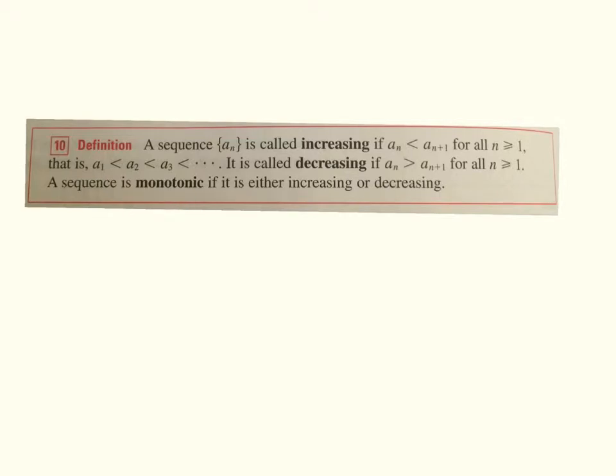And here they have a definition. A sequence is called increasing if each term is bigger than the previous one, and decreasing if each term is smaller than the previous one. And any sequence that's either increasing or decreasing is called monotonic. It's a term that'll come up a bit, and you should just be familiar with it because you'll see it here and there.